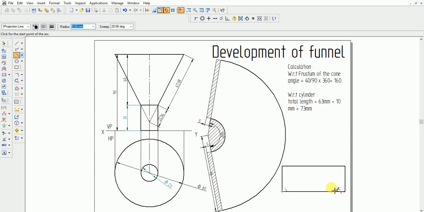Let us keep the sweep to be 20, or let it be 60. Yes, this looks better.